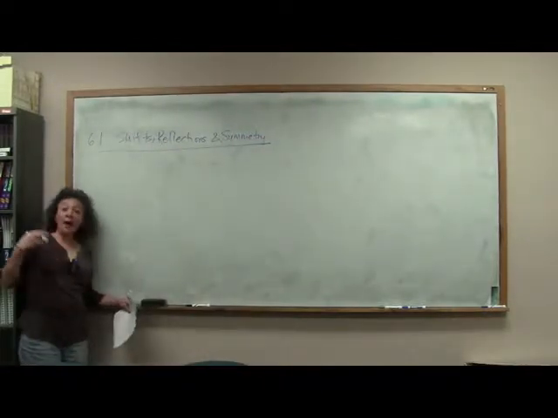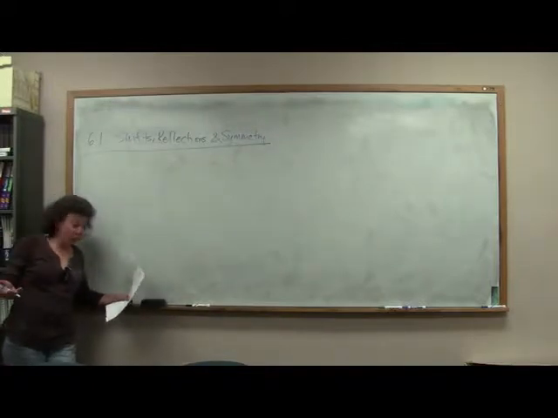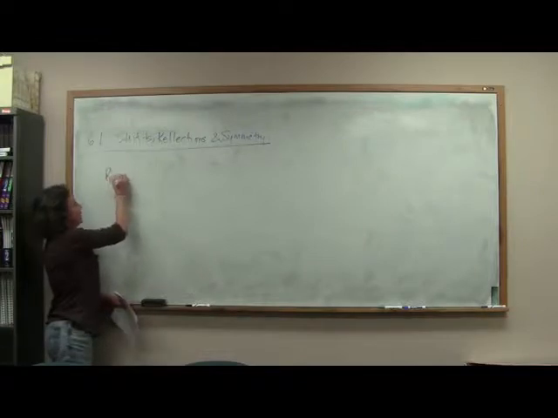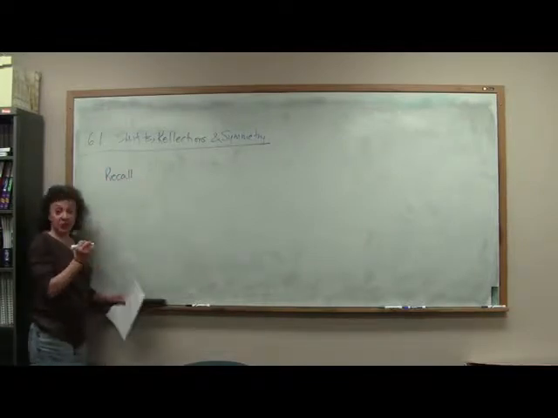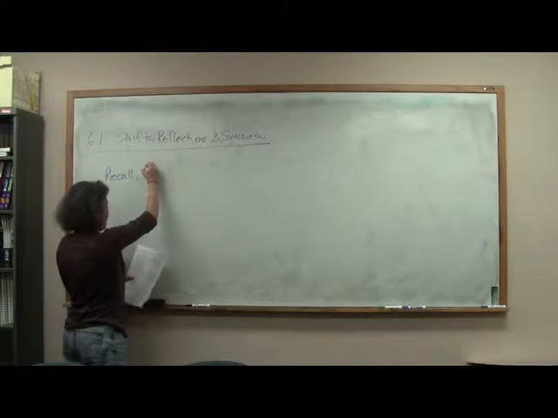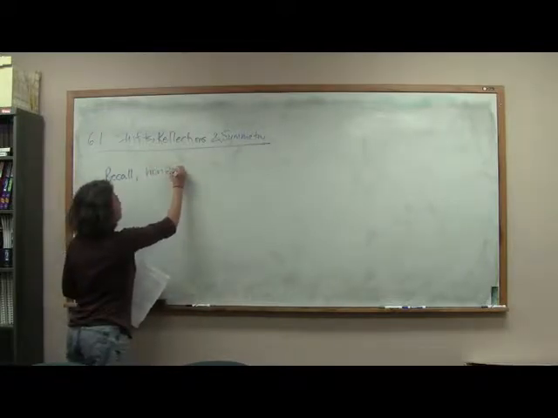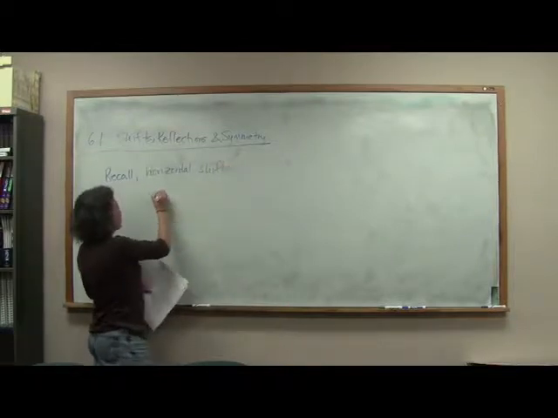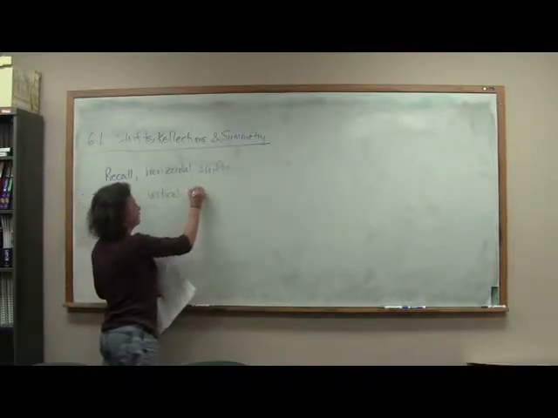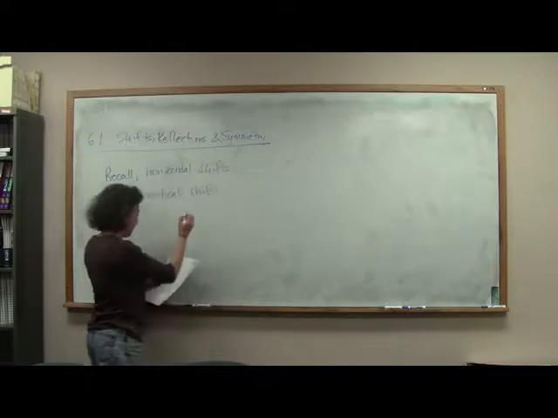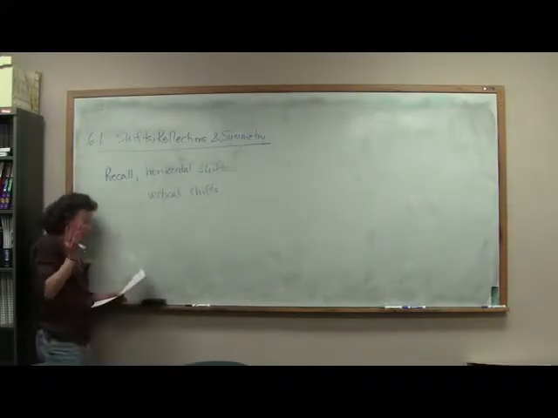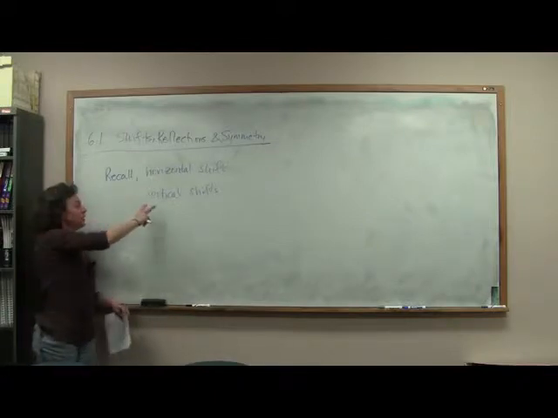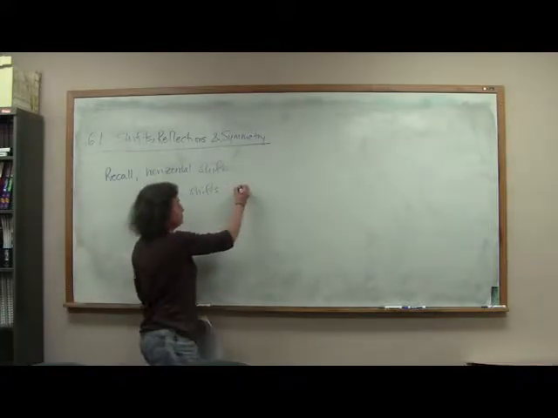Okay, so I need you to recall something that we've already discussed. We've already discussed our horizontal and vertical shifts. Recall what that did is that translated our graph with the vertical shifts.